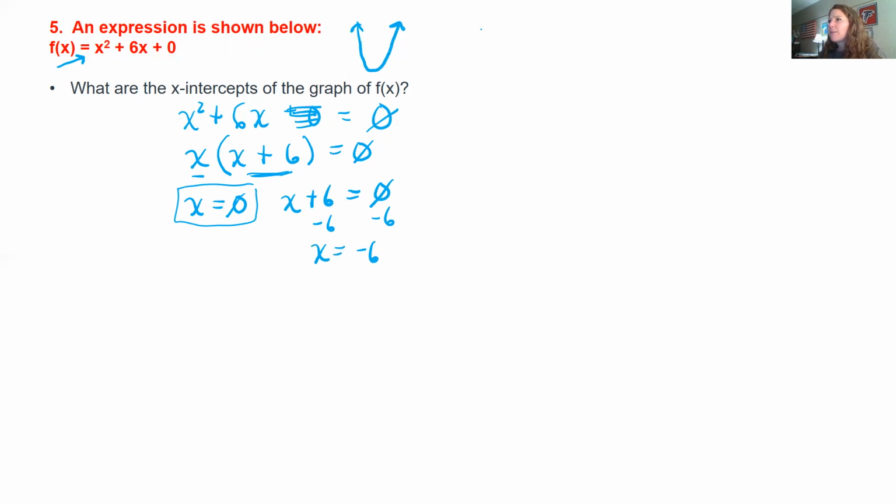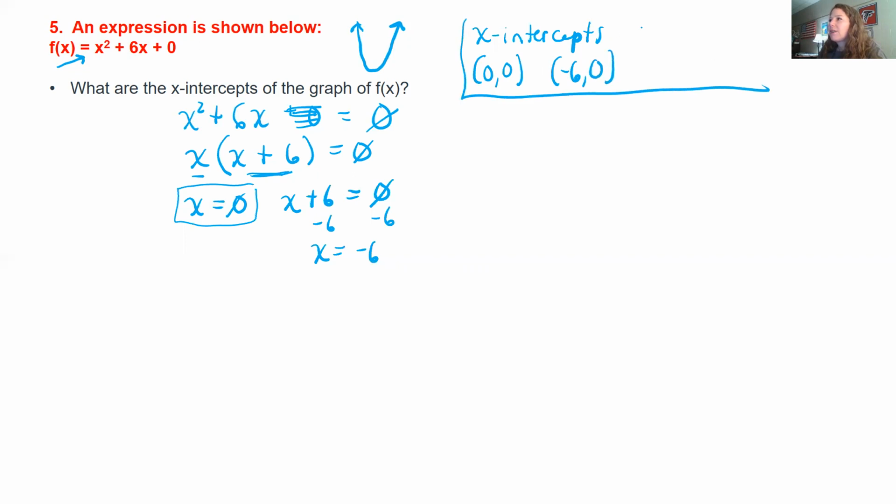So let's write these up here. So our x-intercepts, we have two of them. And for all parabolas, you either have 1, 2, or 0, right? So our x-intercepts are 0, 0, and -6, 0, all right? And now I think our next step is we have to find the vertex.